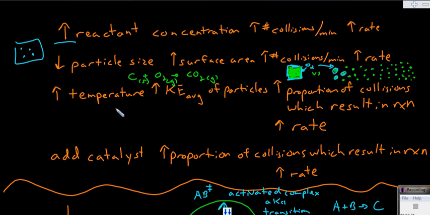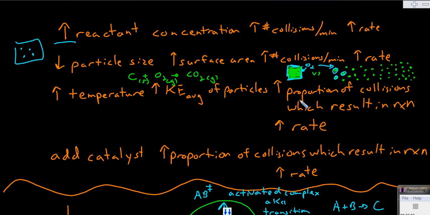Now, changing temperature also affects rate. If you increase the temperature, you will increase the average kinetic energy of your particles, and hence, when those particles collide, they'll have greater speeds and therefore greater kinetic energies and greater kinetic energy turned into potential energy.